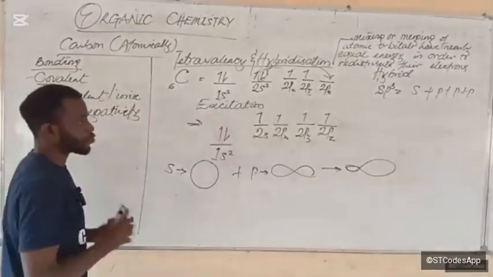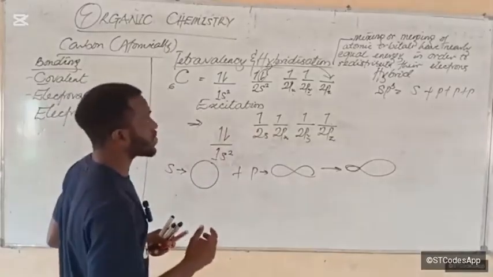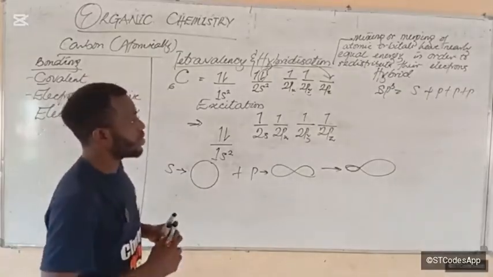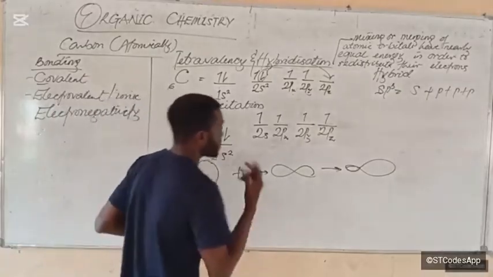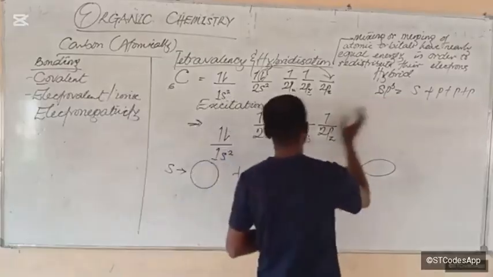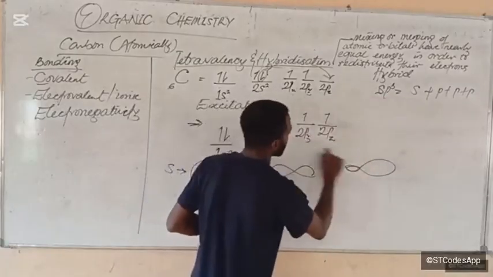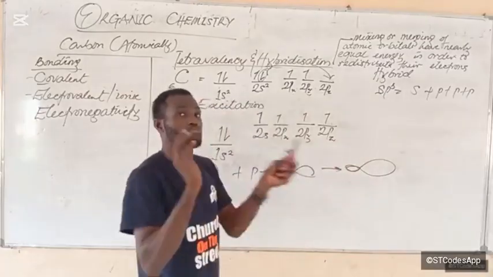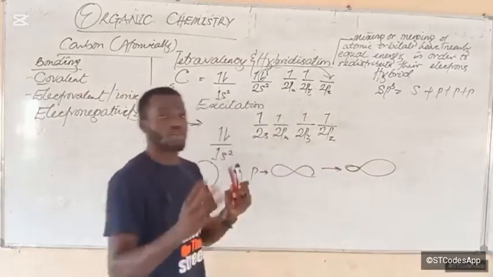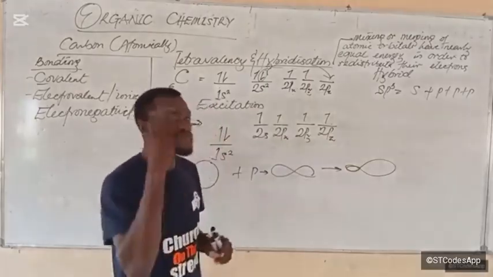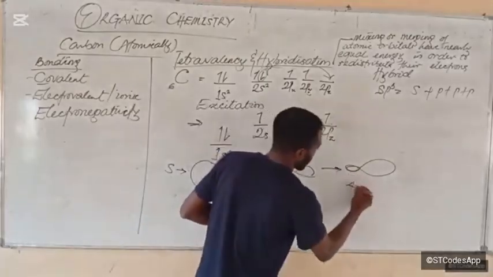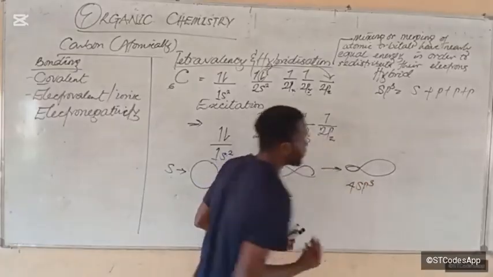Okay. Now, here is what happens with methane. With methane, the 1s orbital and 3p orbitals are going to mix. Once they undergo mixing, we are going to form four sp3 orbitals.